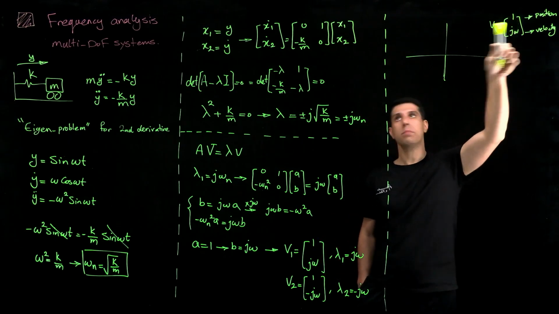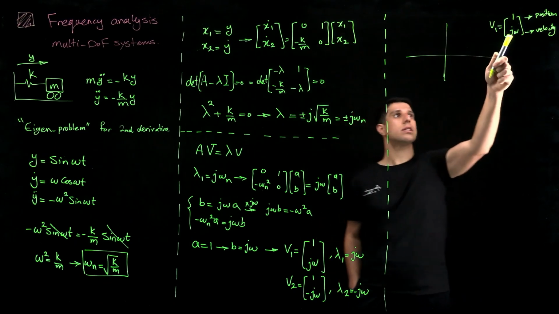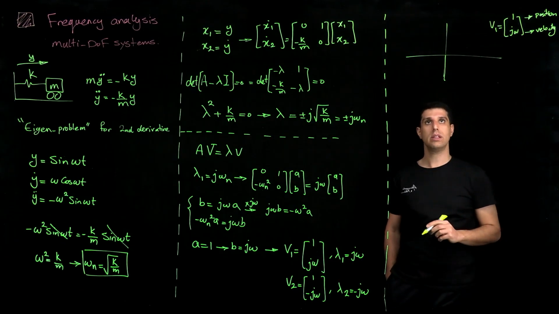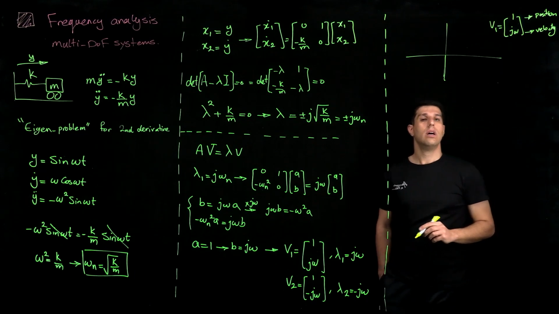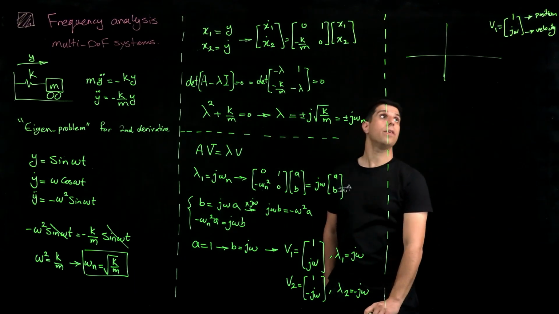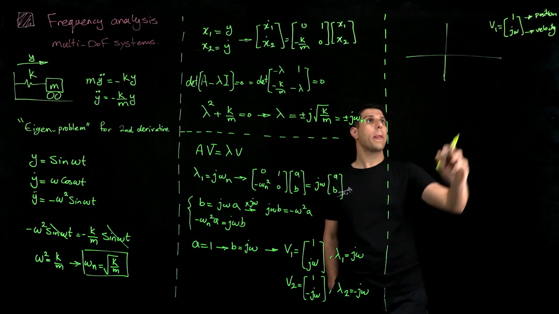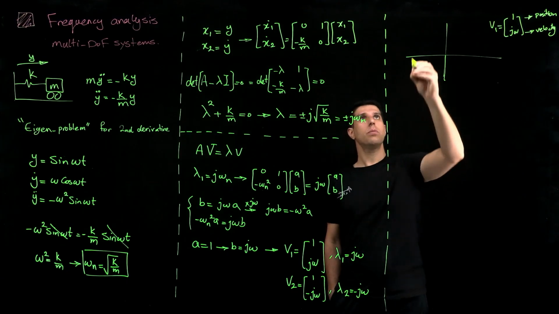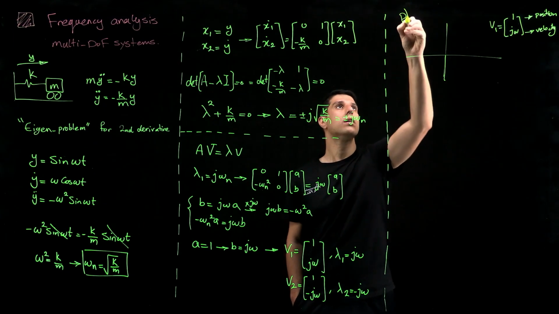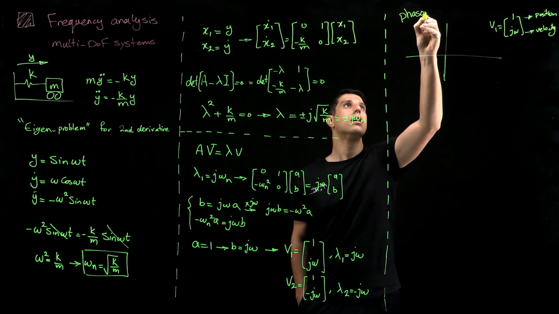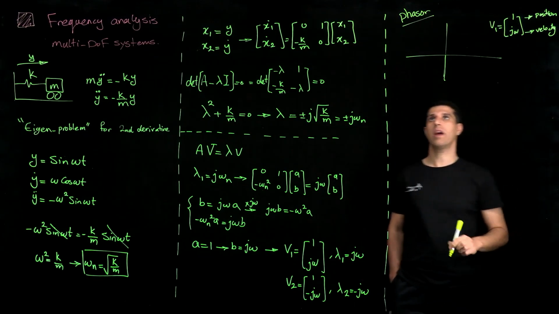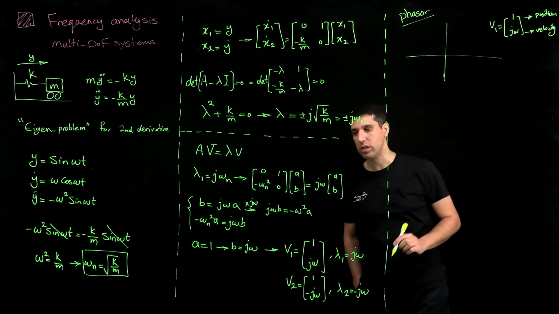Because the first dimension is related to position, the second dimension is related to velocity. So here, if I want to visualize this, I can use something called a phasor plot that some of you may remember from the electrical engineering courses.